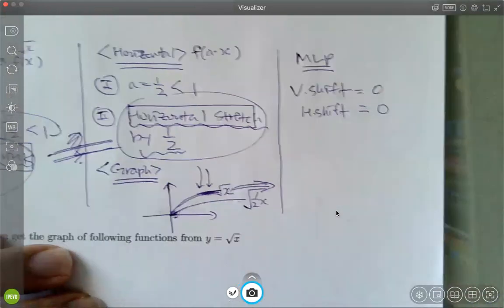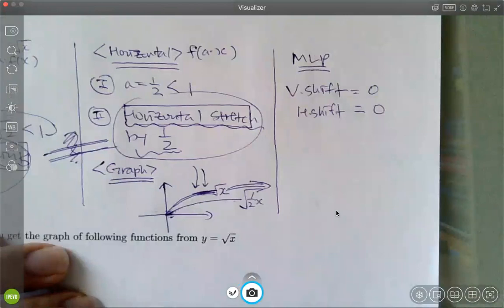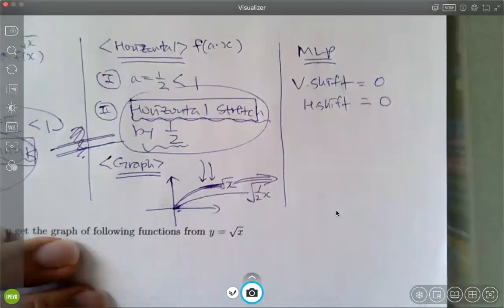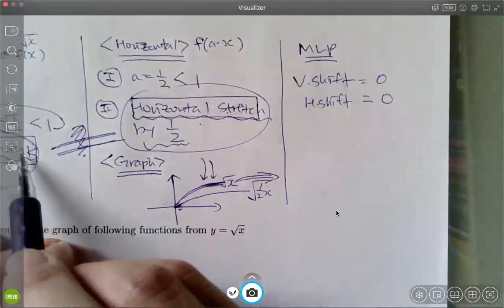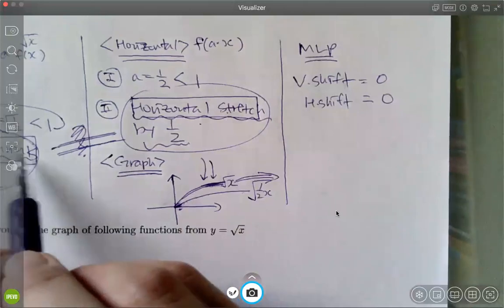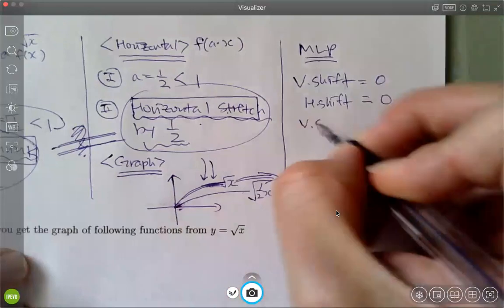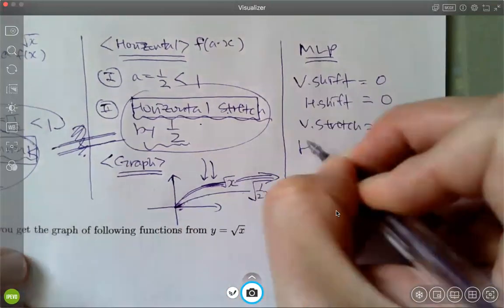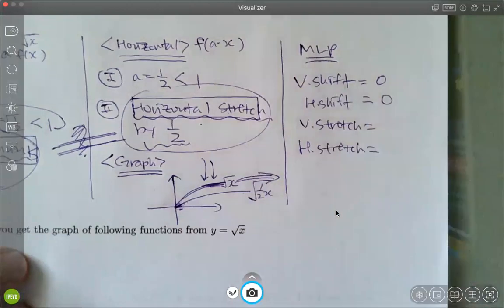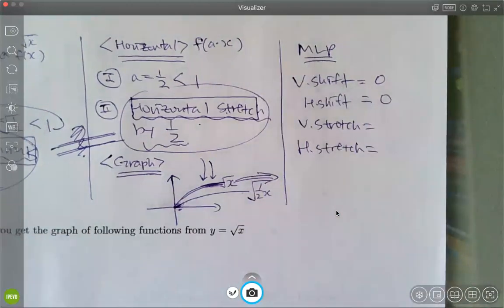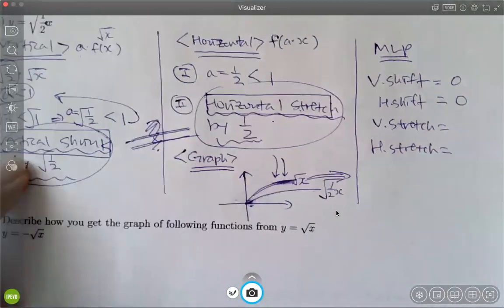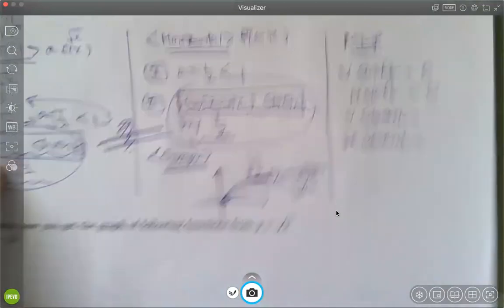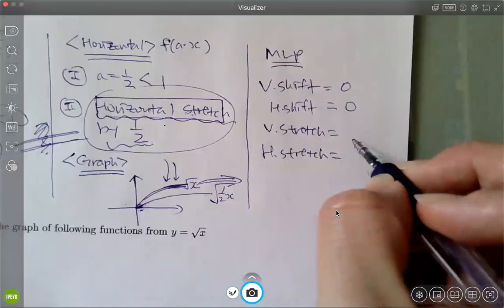We just saw that horizontal stretch and vertical shrink are the same thing, so we have to put something under these vertical and horizontal stretches. But what do we have to put? Suppose we chose vertical shrink. Then what do we have to put under here? Square root of 1/2, right?